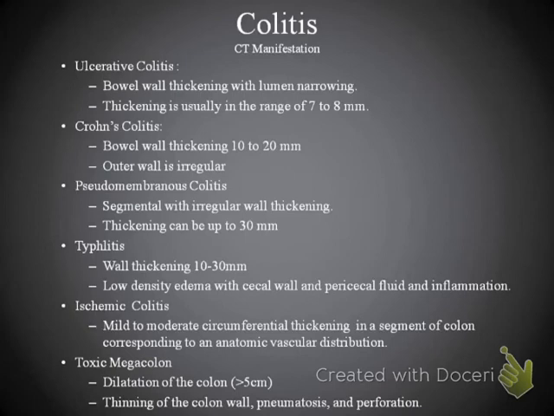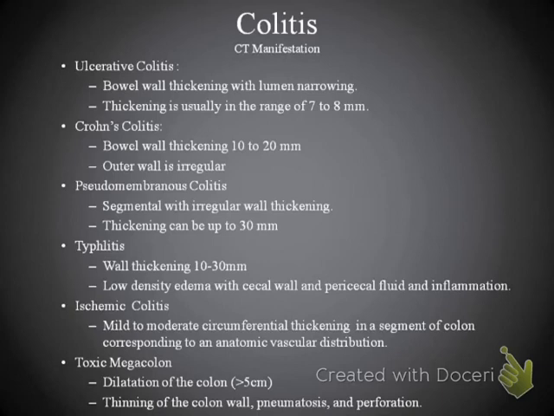Pseudomembranous colitis, segmental with irregular wall thickening. Thickening can be up to 30 millimeters, and so basically 3 centimeters. Typhlitis, a wall thickening of 10 to 30 millimeters. Low density edema with cecal wall and pericecal fluid and inflammation.